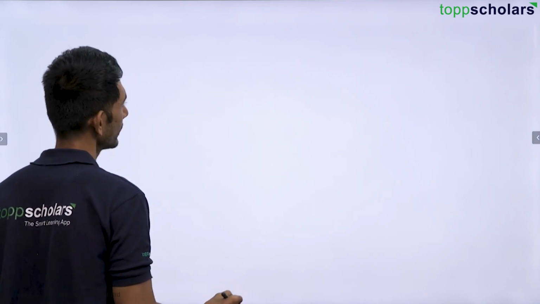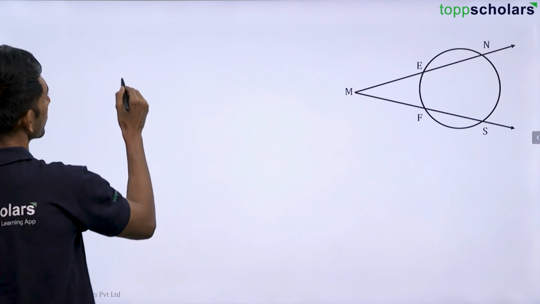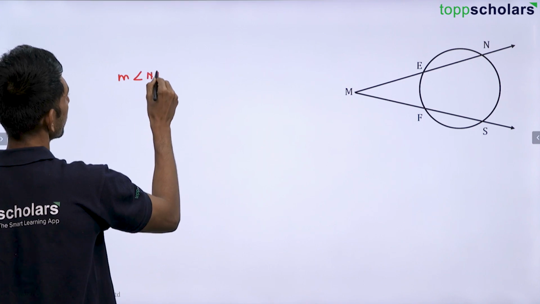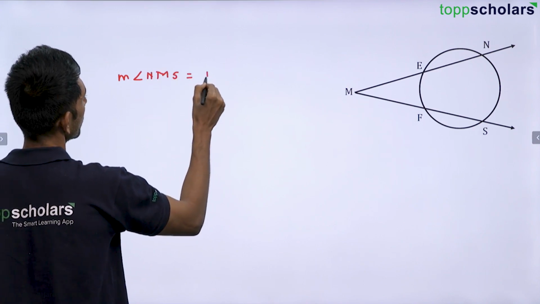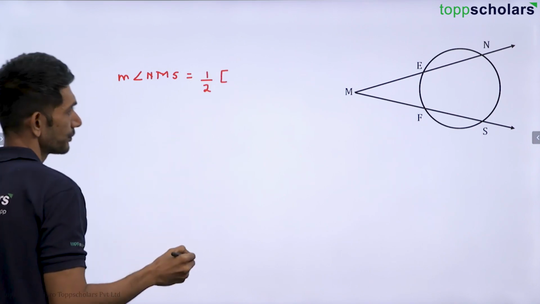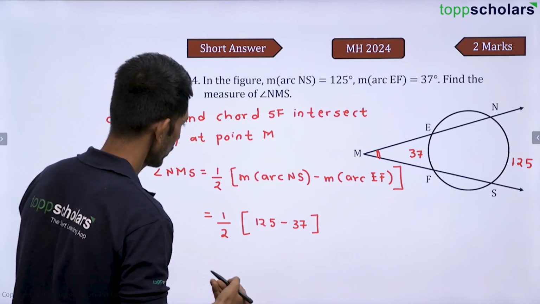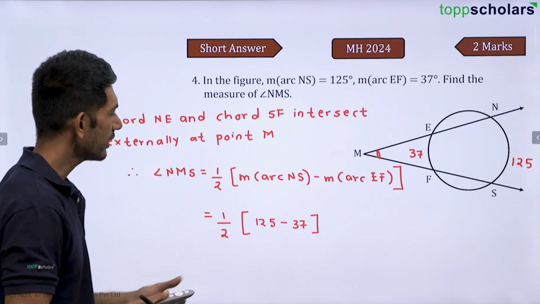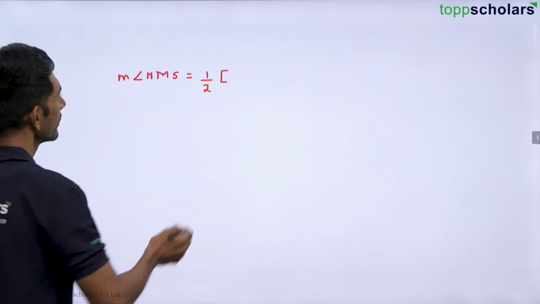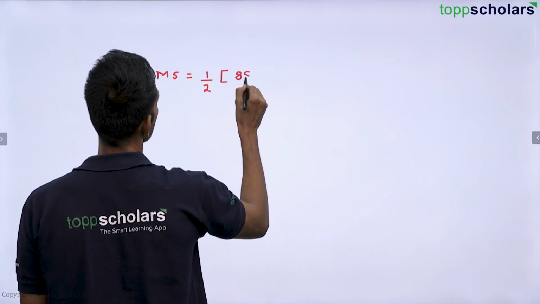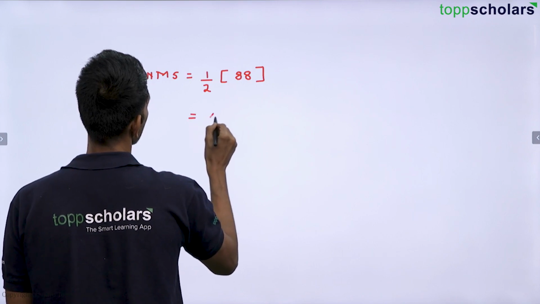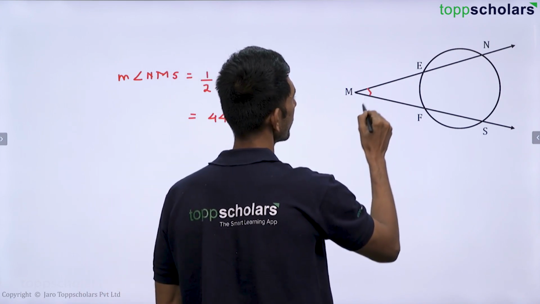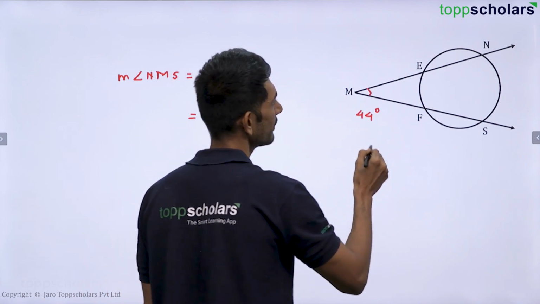So the measure of angle NMS is equal to half of 125 minus 37. So 125 minus 30 is 95, 95 minus 7 is 88. So half of 88 is 44 degrees. So this particular angle is 44 degrees.